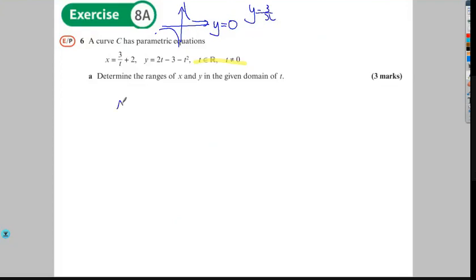And if I add 2 to it, we'll just move this up by 2. So if I draw x against t, 3 over t plus 2, we're just going to shift the original horizontal asymptote up by 2, and we can draw it with the same shape.